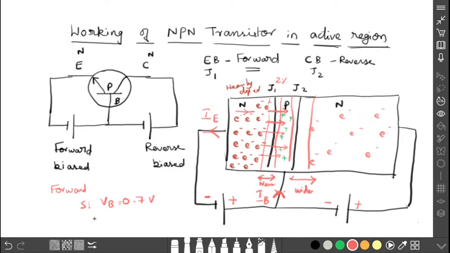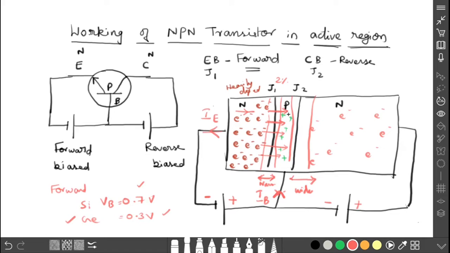For germanium, it is around 0.3 volt. So when we give forward biasing greater than 0.3 volt to a germanium transistor, the electrons will cross the junction. The same for silicon: it should be around 0.7. When the forward biasing crosses 0.7 volt for a silicon transistor, the movement of electrons over the junction takes place.